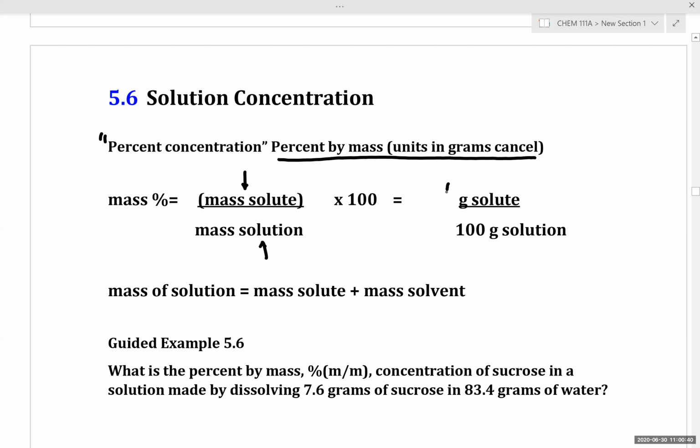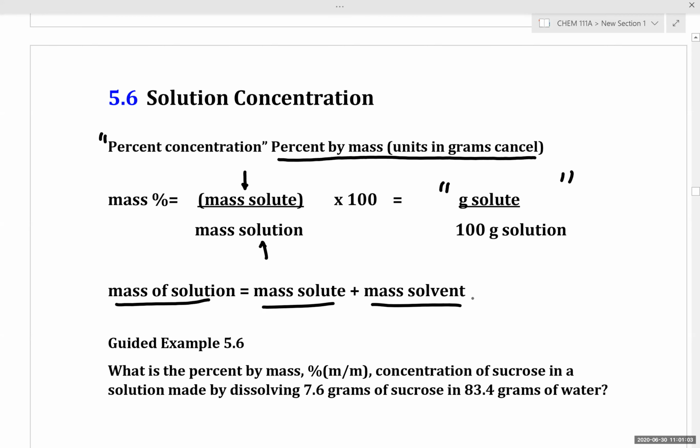You can think about percent by mass as the grams of solute per 100 grams of solution. Again, very similar to the logic that we used for mass percent. It's the exact same idea. Now, just as a side note, the mass of the solution is equal to the mass of the solute plus the mass of the solvent.